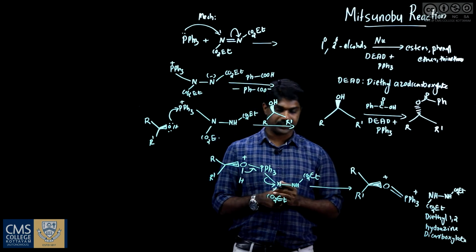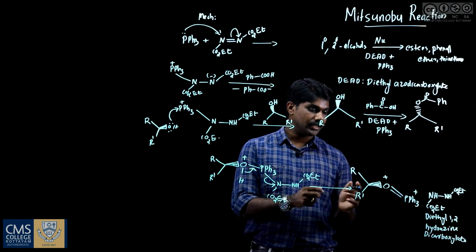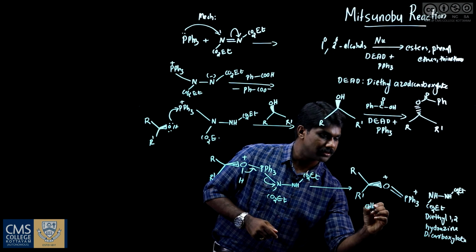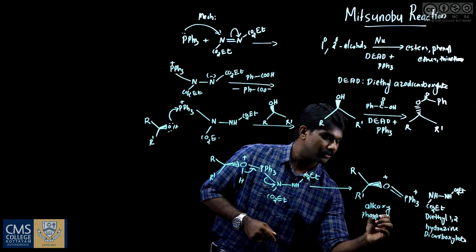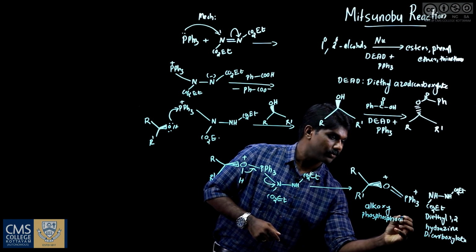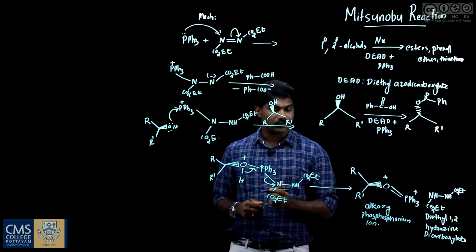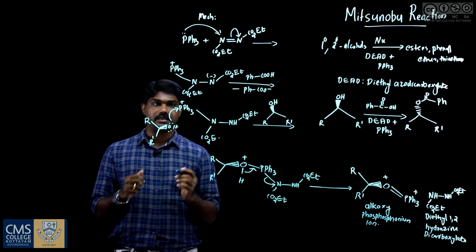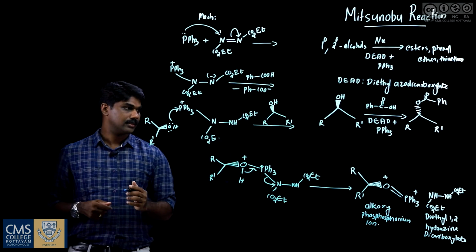This is one of the byproducts of this reaction, and this is the key ion of this reaction, generally known as the alkoxyphosphonium ion. So this alkoxyphosphonium ion is then attacked by the nucleophile, that is PhCOO minus.